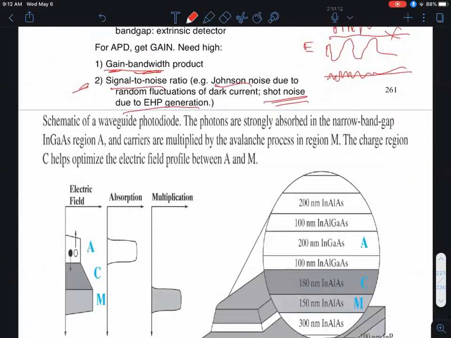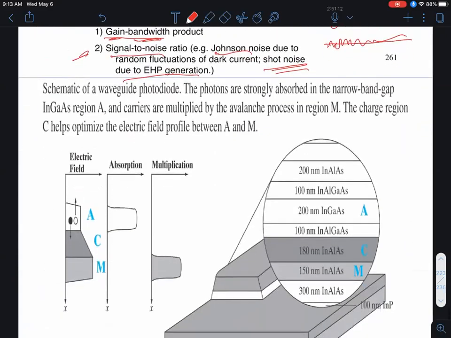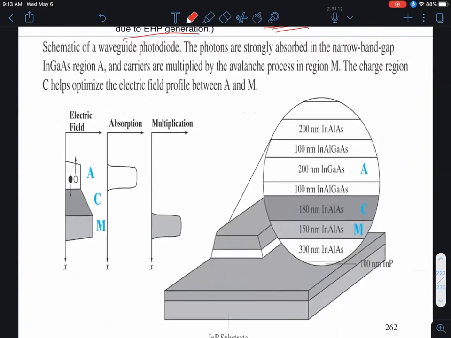All right, so I've told you that a PIN diode is a very simple device and it's used, but it suffers from the problem that it does not have gain, meaning that one photon in, you get a maximum of 1 electron hole pair out, okay? That problem is solved in what's known as the Avalanche Photodiode, or an APD.